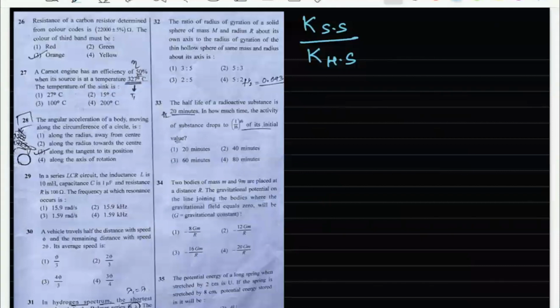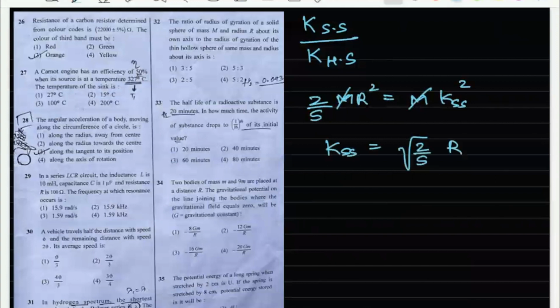So fine. First let's find out the k value for the solid sphere. So 2 by 5 m r square for the solid sphere is m k square. So my k solid sphere is going to be root of 2 by 5 times r. And for the hollow sphere, it is 2 by 3 m r square. Same mass, same radius.